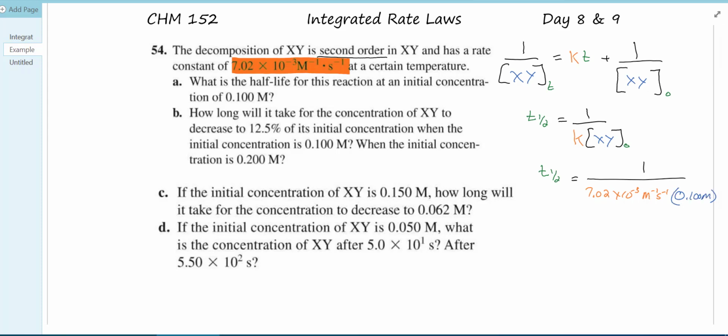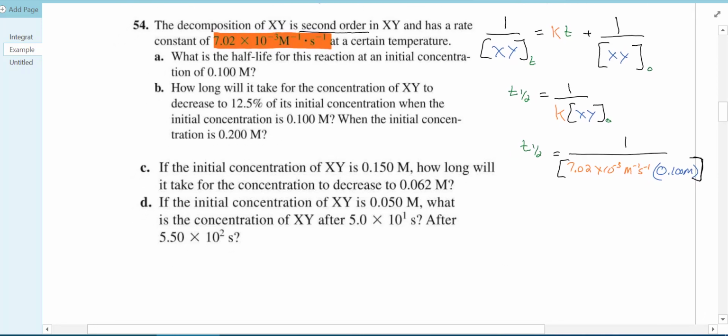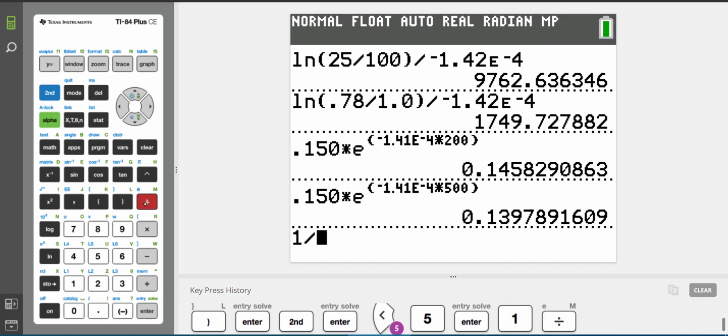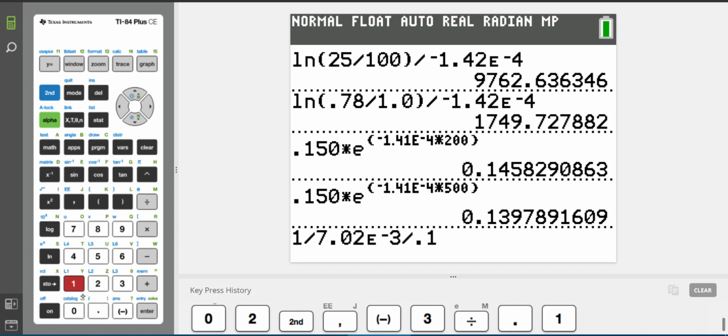Now, we just have to make sure we do this math first, right? So how do I do that in my calculator? I would just hit 1, divide, now k, 7.02 times 10 to the negative third. Then I just hit the divide key again, 0.1. That way you don't have to use parentheses.